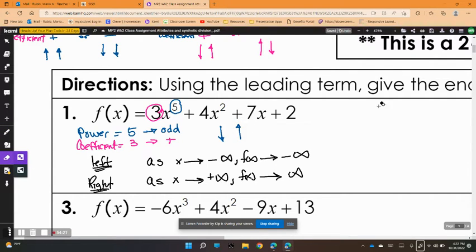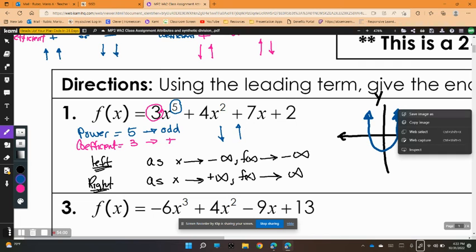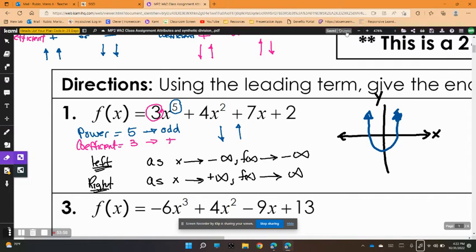Let me draw a graph so we can see what that looks like. This is my x, this is my y, and let's say I've got a function that looks like this. Oops, not that way. Let's undo that.